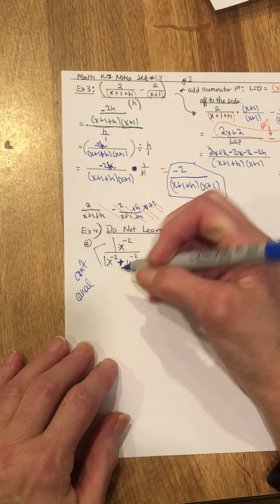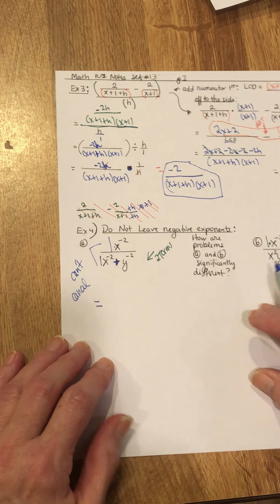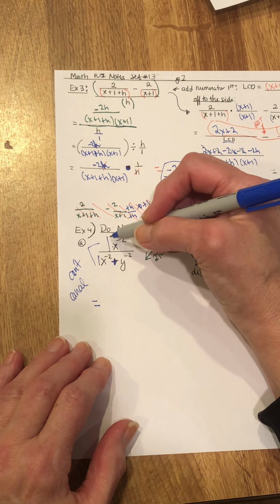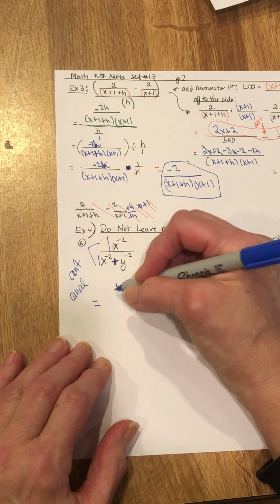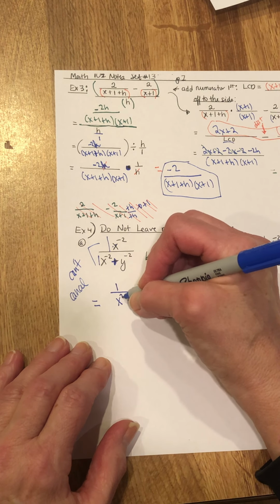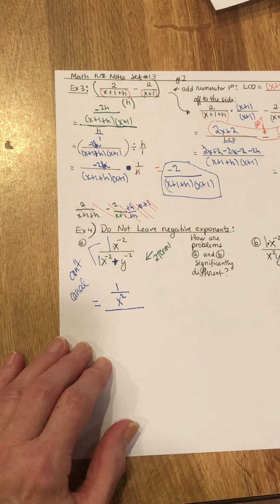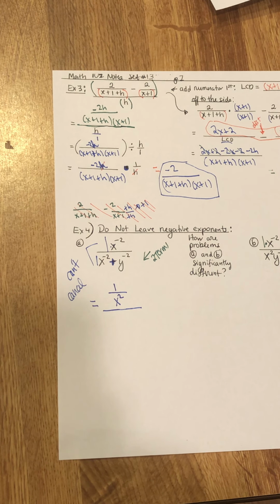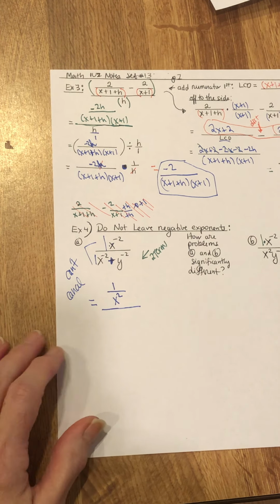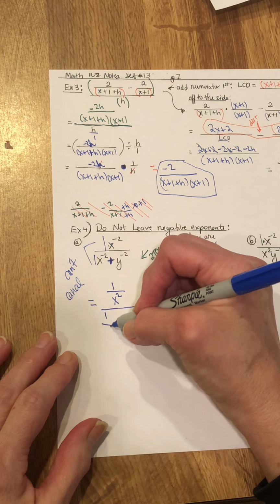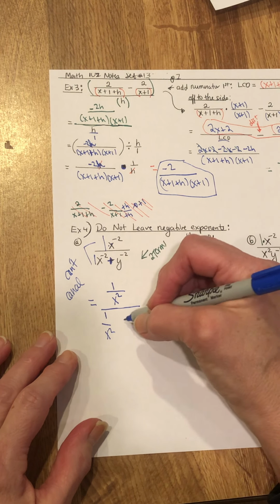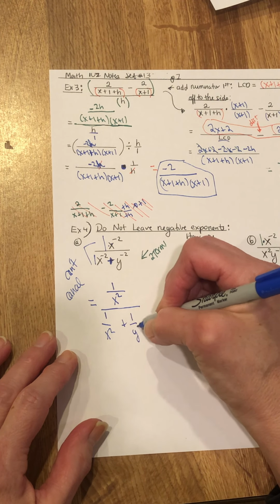So what I'm going to do is the way I've been talking about it. I'm going to take the x to the negative second and flip it, keep it right there in the numerator. And then I'm going to flip this one, 1 over x squared, and this one plus 1 over y squared.